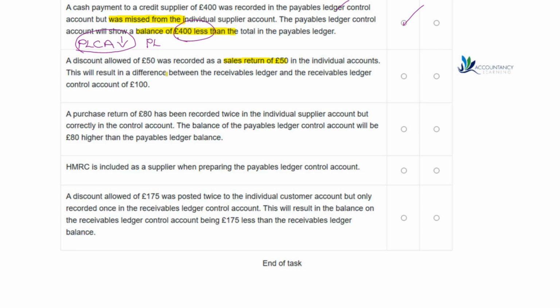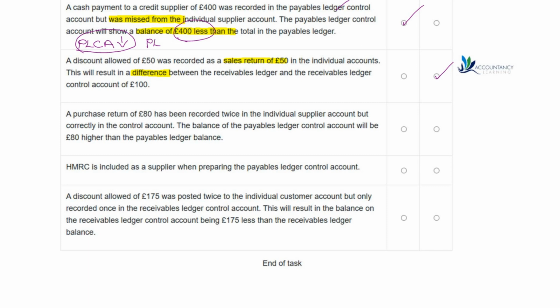It isn't going to result in a difference because both are there, just with the wrong description. It should be a discount allowed, but the actual effect is the same. So there wouldn't be a difference between the receivables ledger and the control account.